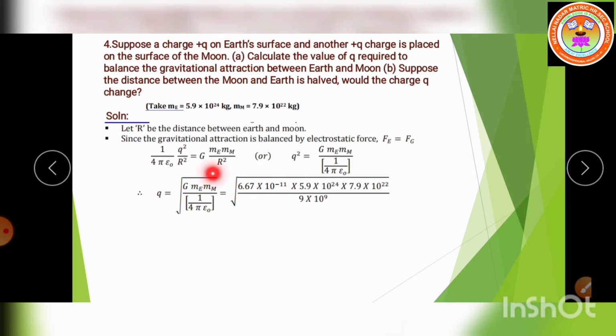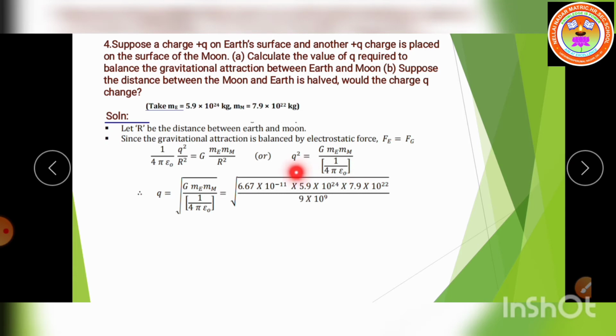That is equal to the gravitational force, that is G into ME, the mass of the Earth, MM, the mass of the moon, divided by R square. What did they ask us to calculate? Q. So from this equation, Q square is equal to G ME MM divided by 1 by 4 pi epsilon naught.